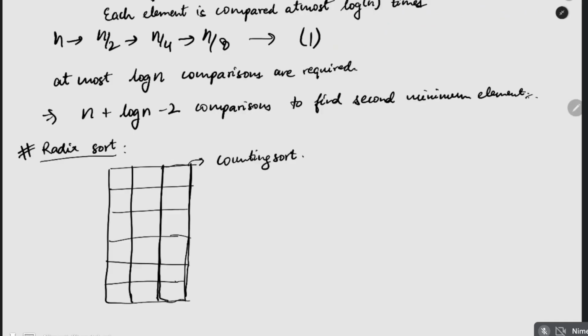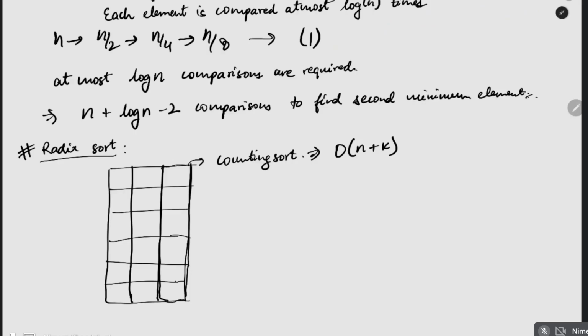We know that counting sort is of the order of n plus k, where k is the highest value of the elements of the array.